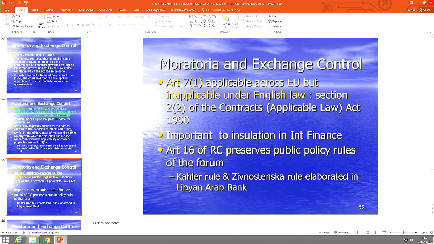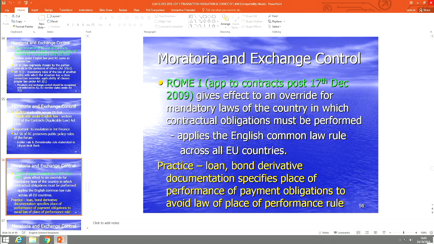I think you're all now clear on that. Right, we all know that about practice, about loans, bonds, and derivatives. Always specifies the place of performance outside the country in which a moratorium is likely to be imposed.